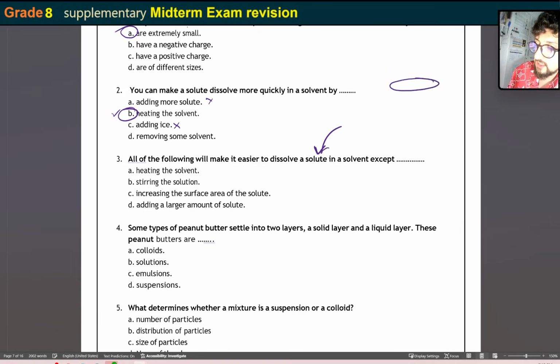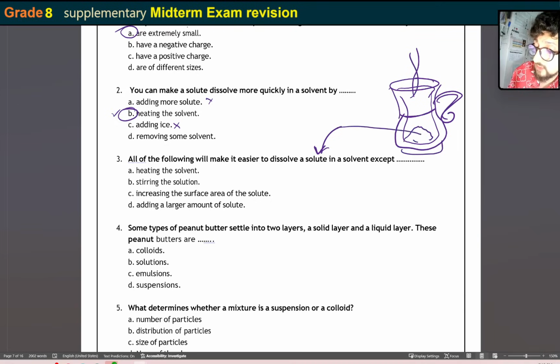If we look at a cup of tea, and it's rather hot, and then we've got some sugar at the bottom, that there is the solute and the solvent is the tea. So the solute is the solid, the solvent is the liquid, and then both of them together form a solution.